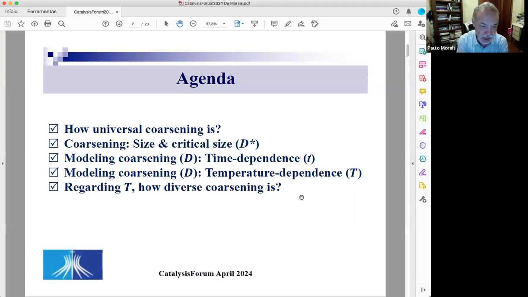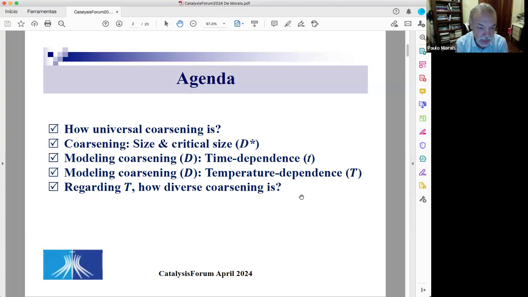The first is how universal coarsening is. And how coarsening depends on size. And also there is a critical size.